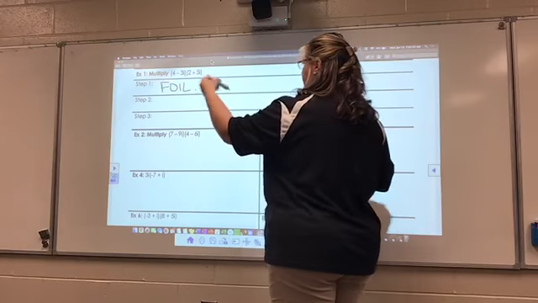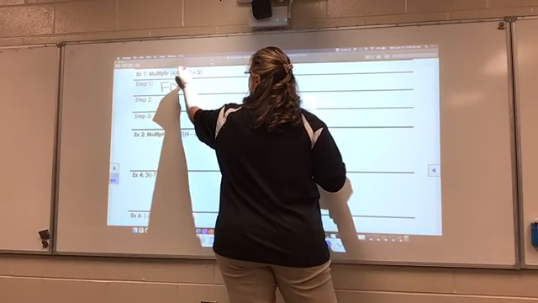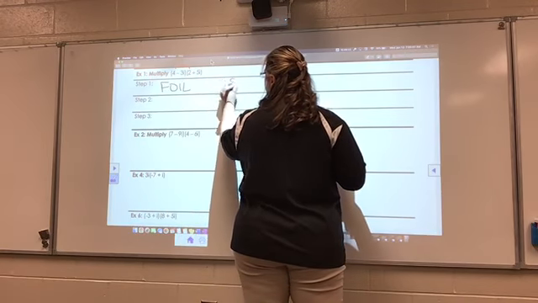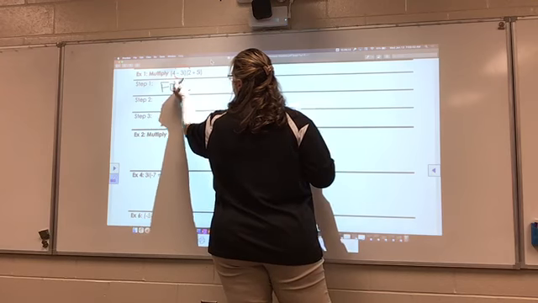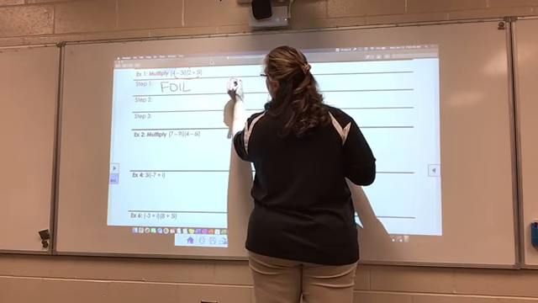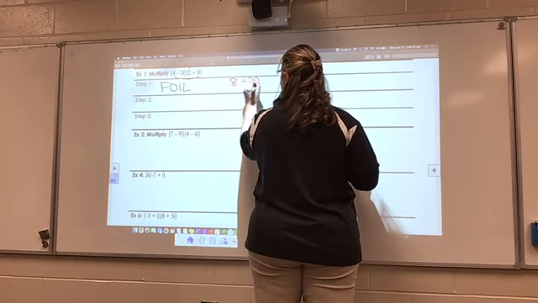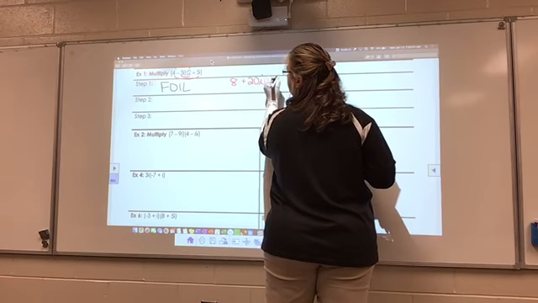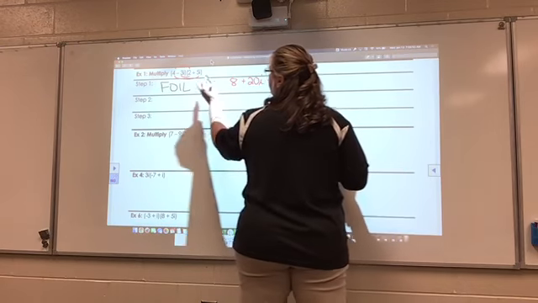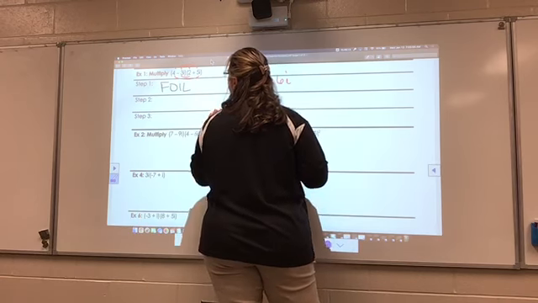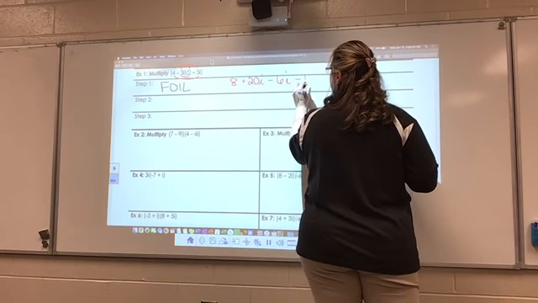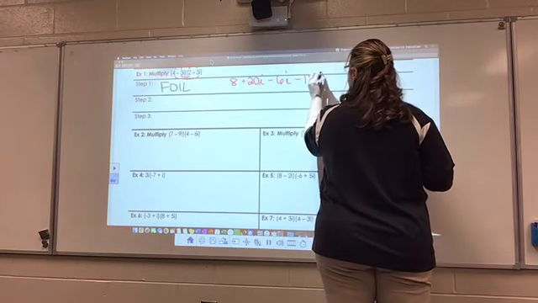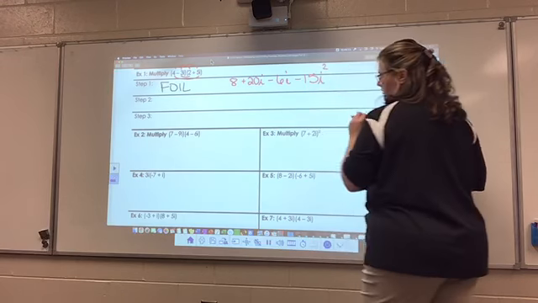First, outside, inside, last. So first, I'm going to get an 8, outside, positive 20i, inside, negative 6i, and then I have the last, I get negative 15i squared.